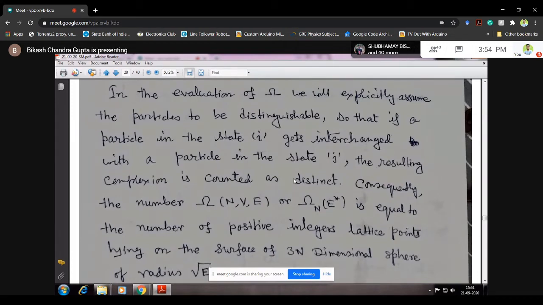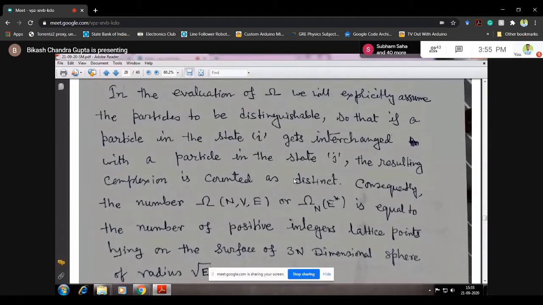Now, I repeat, you have a complexion where some particles are in state i, some particles are in state j, and so on. If you interchange a particle between the ith state and the jth state, energy remains the same, right?